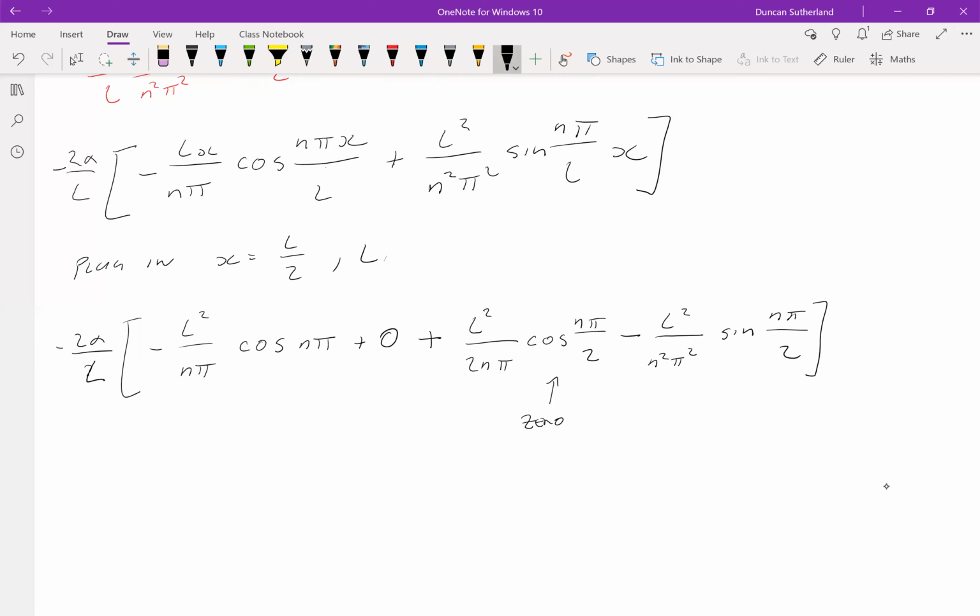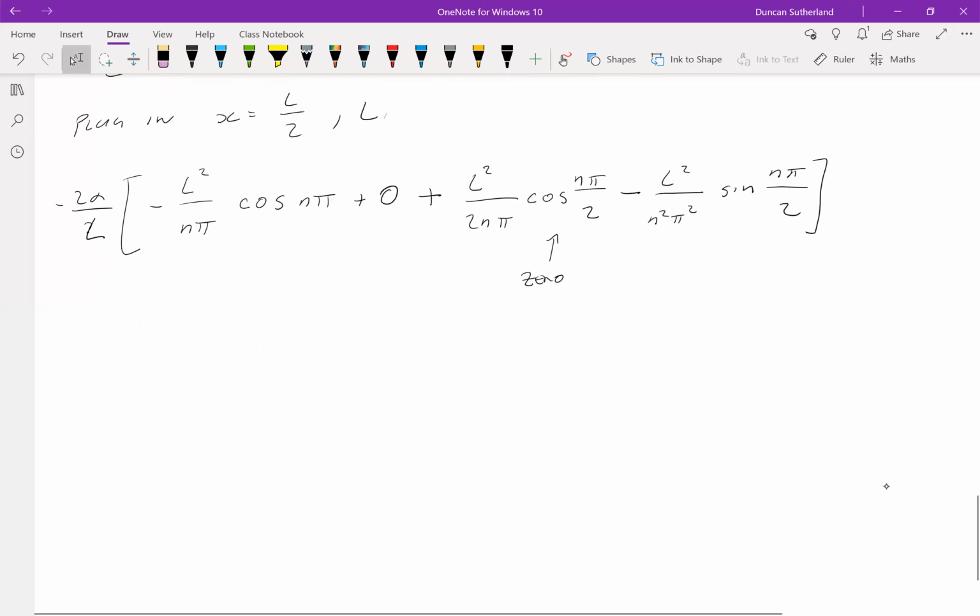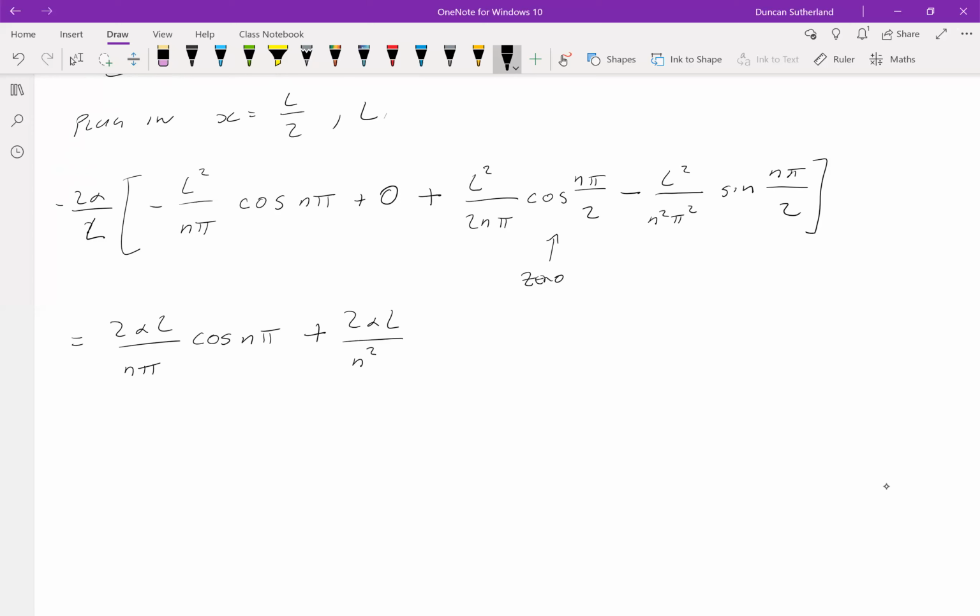Okay, so once I've got this, I can write it all out: equals 2 alpha L on n pi cosine n pi, minus minus plus 2 alpha L on n squared pi squared sine n pi on 2.